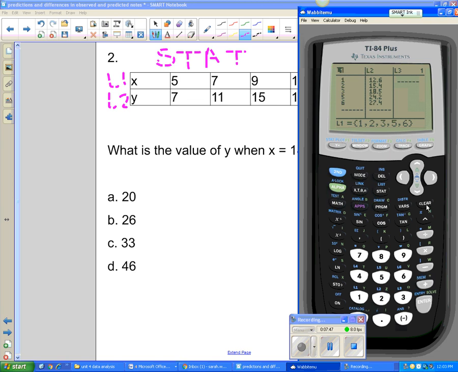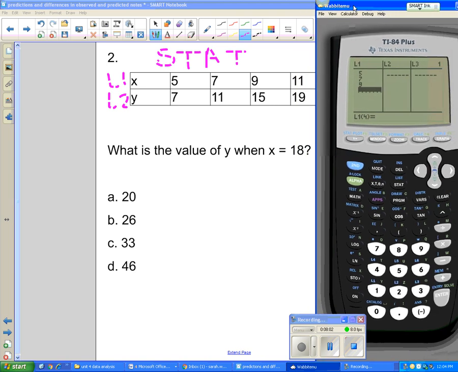So we'll clear these out. 5, 7, 9, and 11. Please do this with me. 7, 11, 15, and 19.